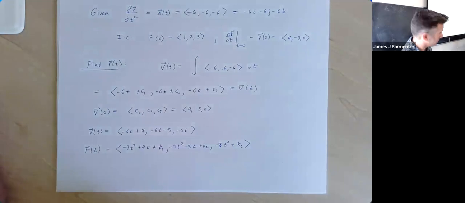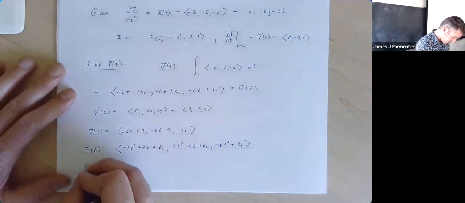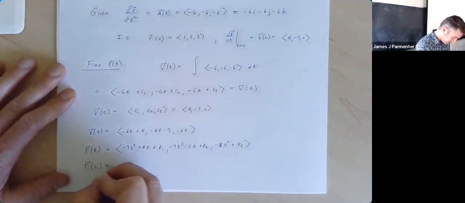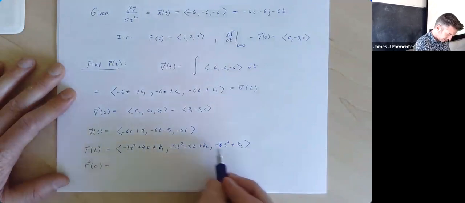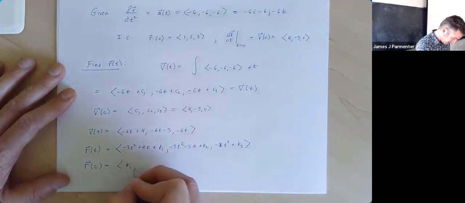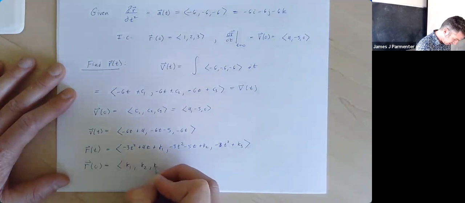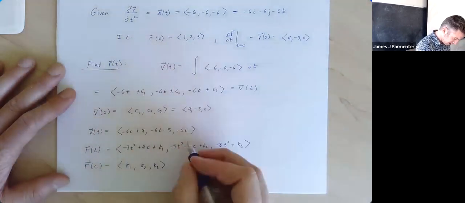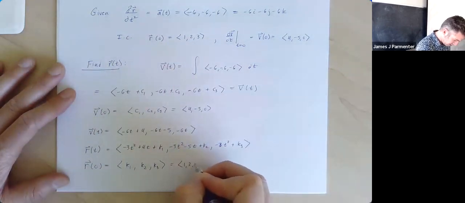But we're given r of 0. So r of 0, all the t's are going to go away, and you're just going to get <k1, k2, k3>. And we know that r of 0 is equal to <1, 2, 3>.